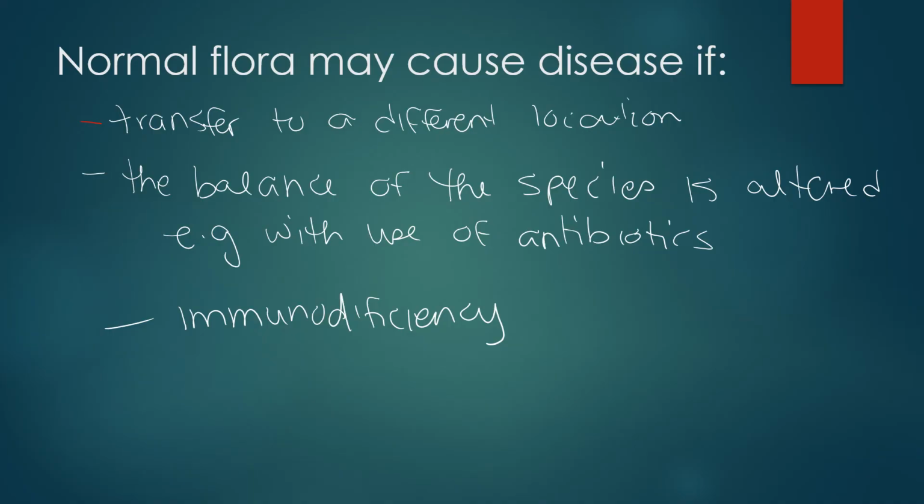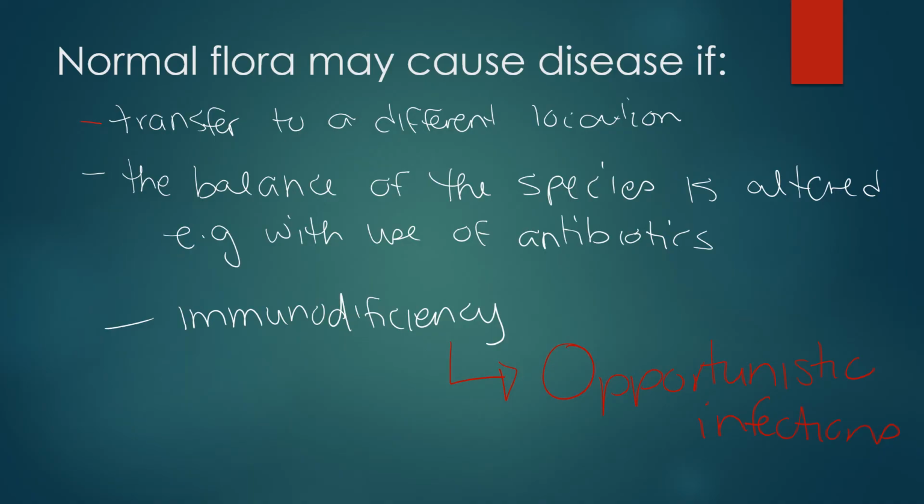When this occurs and an infection develops because the client is immunocompromised, these are referred to as opportunistic infections. So these are the big ones, I would say, where normal flora becomes pathogenic.